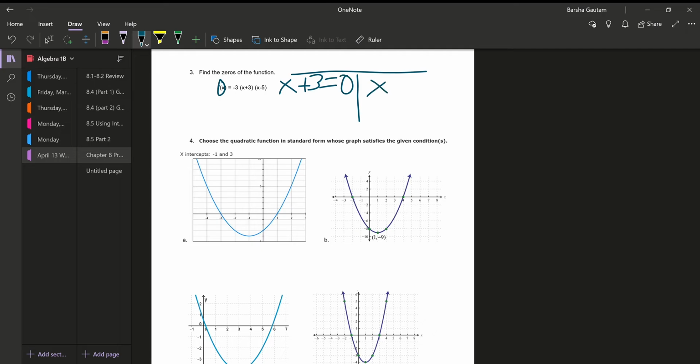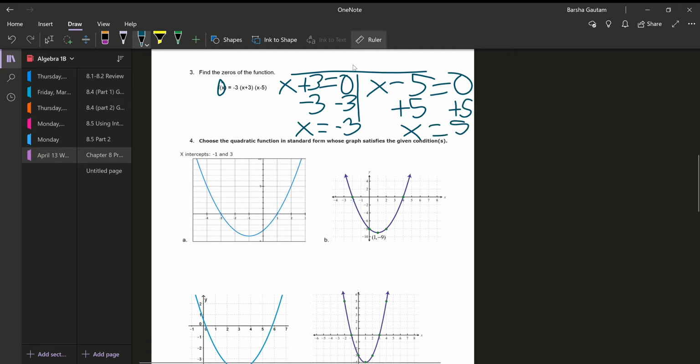And our second one is x minus 5 is equal to 0. If we subtract 3 on both sides, we get x is equal to negative 3. And then add 5 to both sides, so we can isolate the variable, and you're left with x equals 5. So that would be our two zeros of the function.